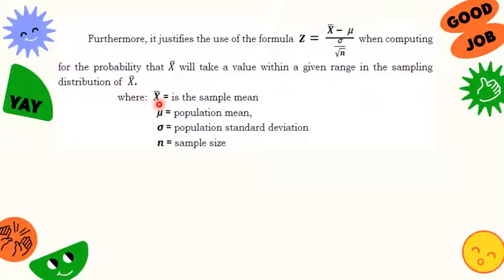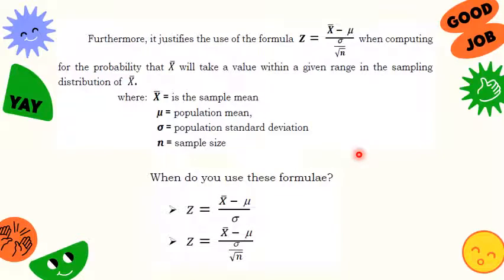So, where yung ating X bar is syempre the sample mean, mu is the population mean, sigma is the population standard deviation, and small letter n is the sample size. Ito yung apat na to. And then, yung z natin is the z score or the z value.